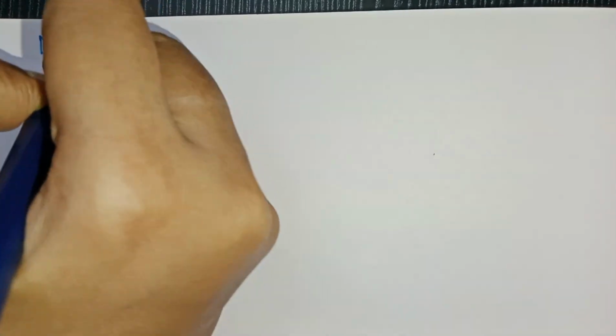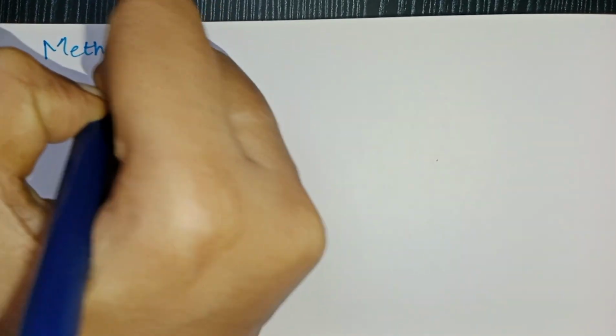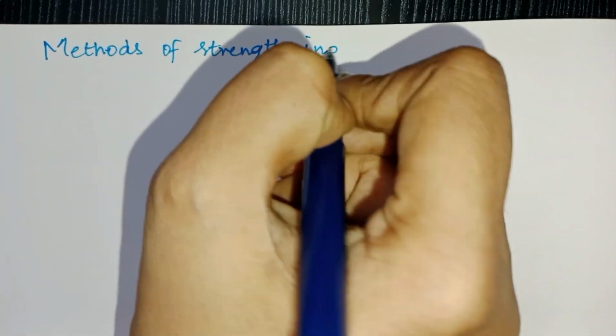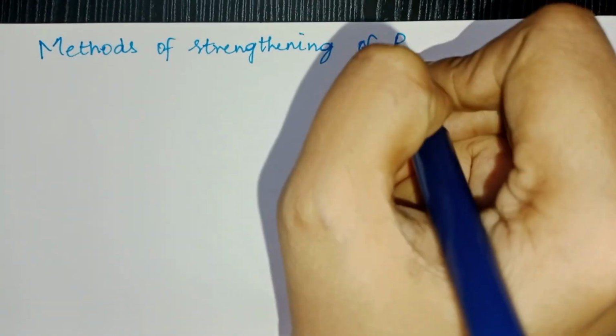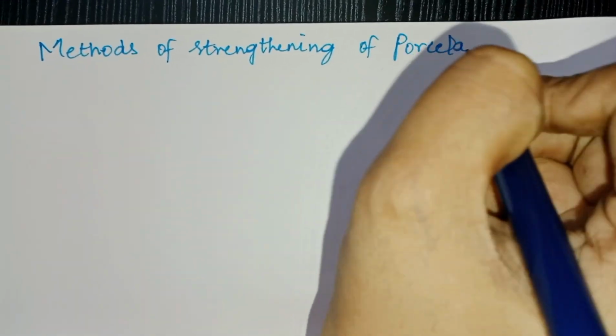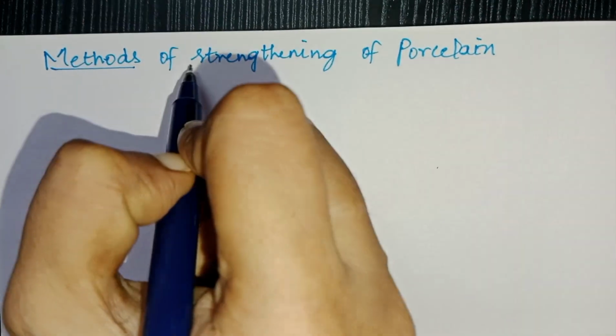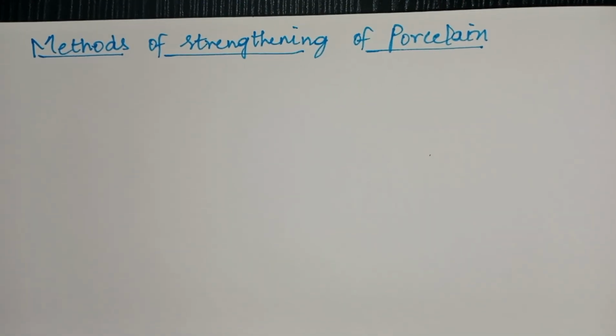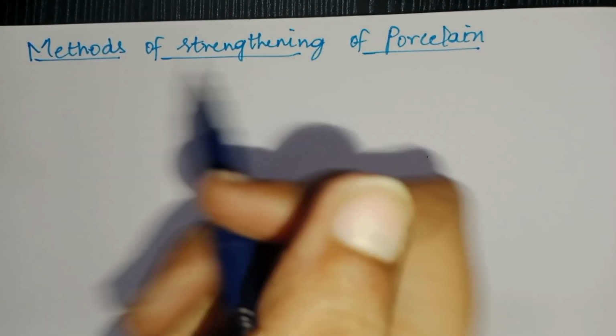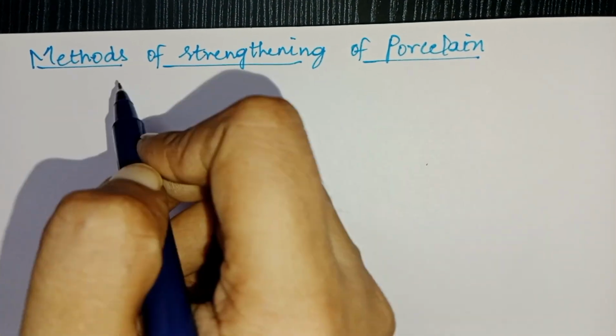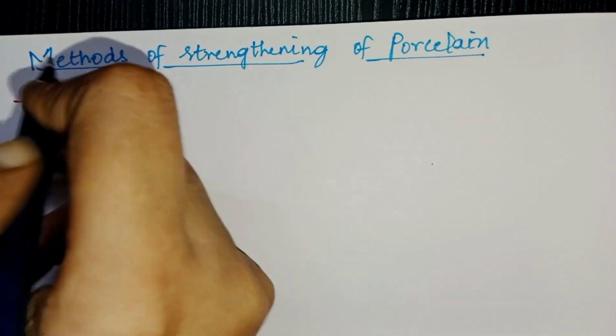Today we are going to learn about methods of strengthening of porcelain. This is the topic we are going to learn now. Strengthening of porcelain is done by the following methods.